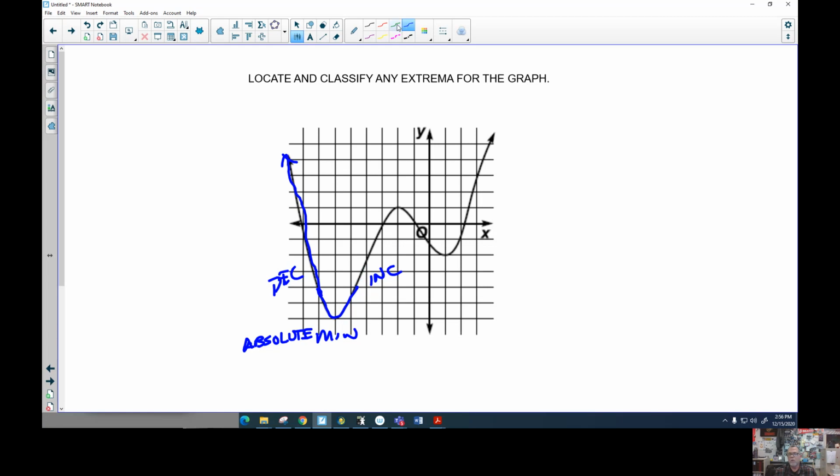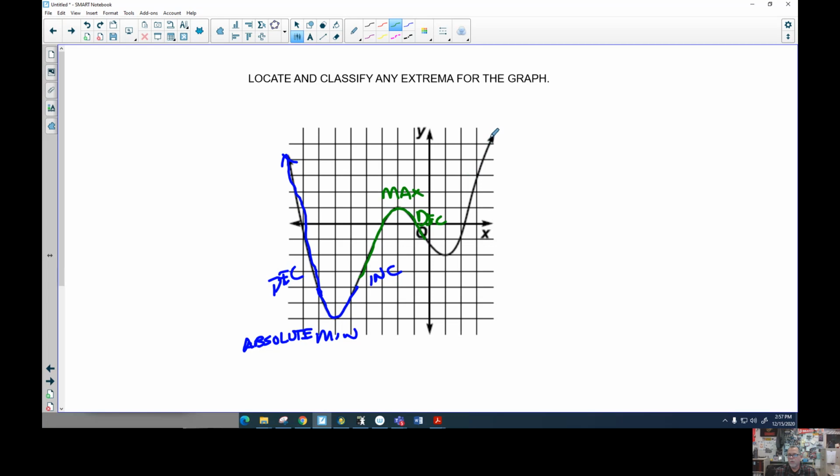Now, if we continue to trace, we now have this increasing graph coming up to here, and it changes to decreasing. All right, so it went from increasing to now decreasing. Increasing to decreasing as we go left to right is going to be a maximum. And again, we look to each side and we see that the values are lower.